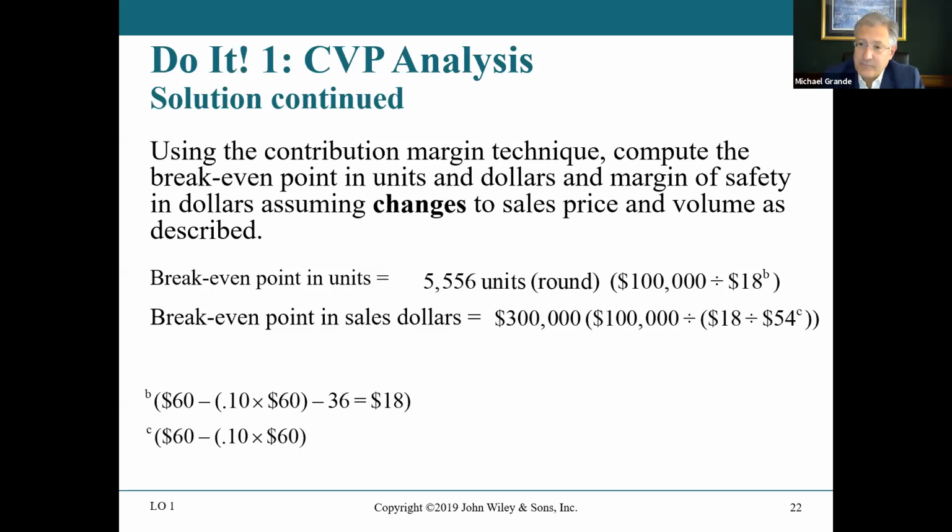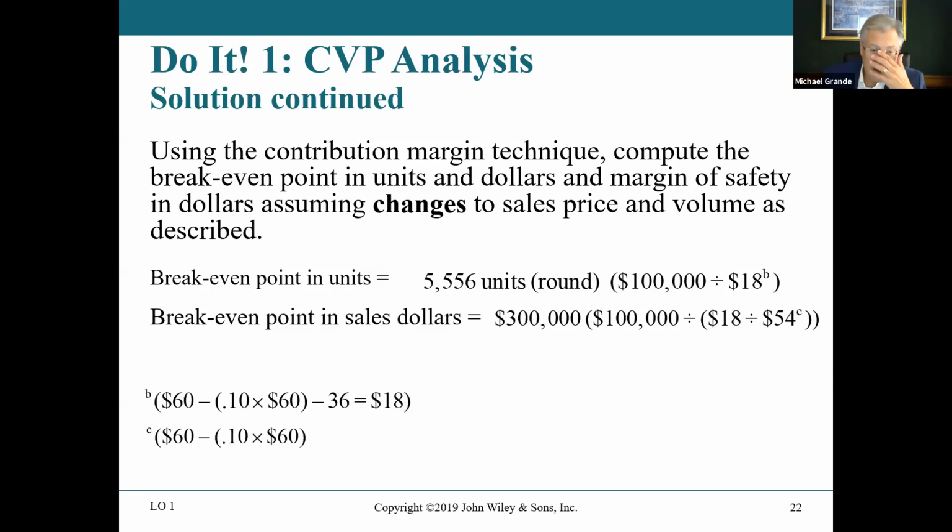Sales dollars, remember, it's the fixed cost of $100,000 divided by the contribution margin ratio. Contribution margin ratio is not $54. It should be a percentage, right? It should be a percentage. I can't believe the publisher made that mistake.